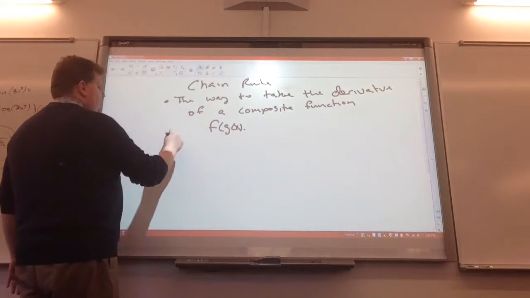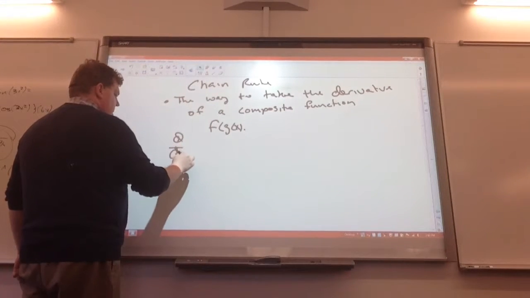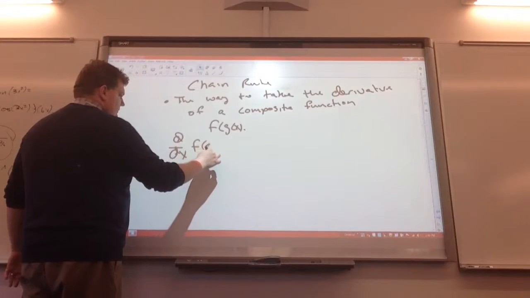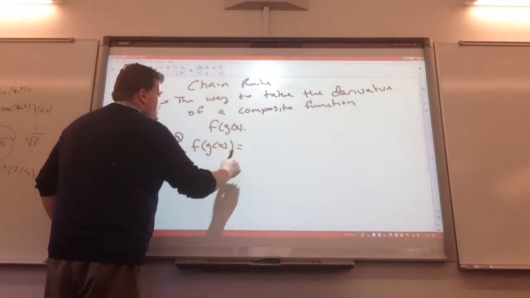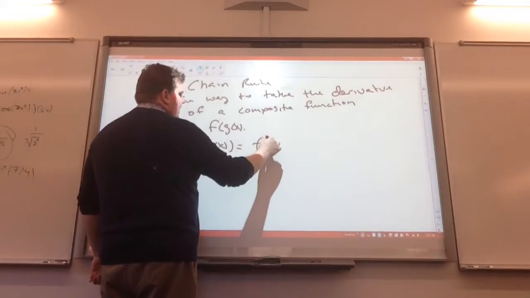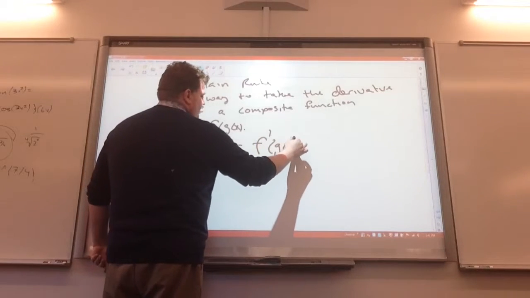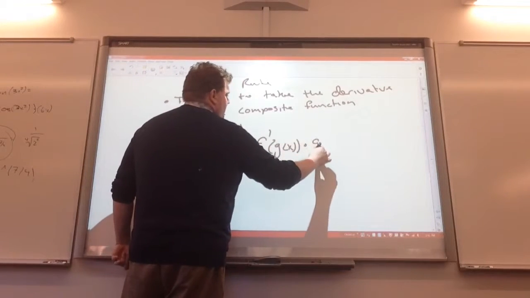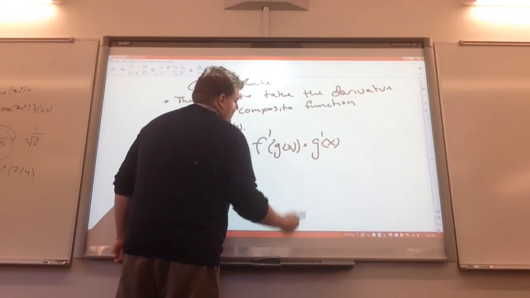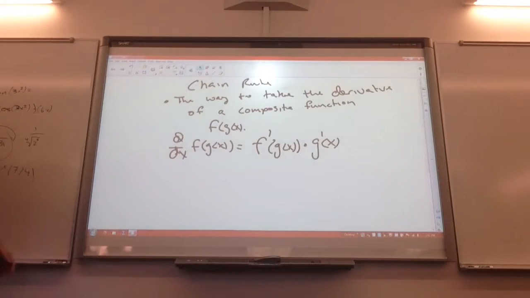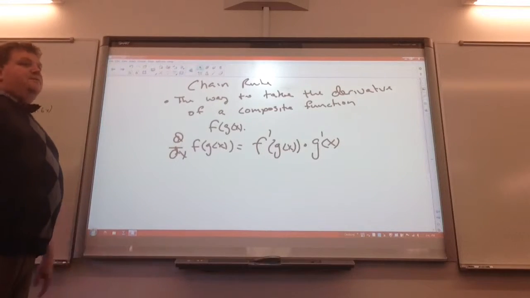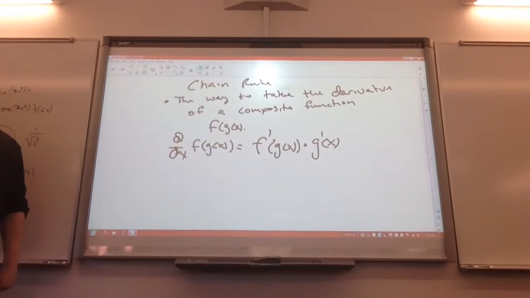So basically, the derivative of that is going to be f prime of g of x times the derivative of g of x. Okay, so the derivative of f of g of x is f prime of g of x times the derivative of g of x, basically, is what it comes out to. All right. When we see an example here, I'll make it clear what we're doing.